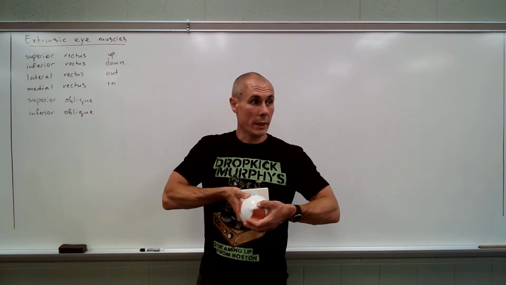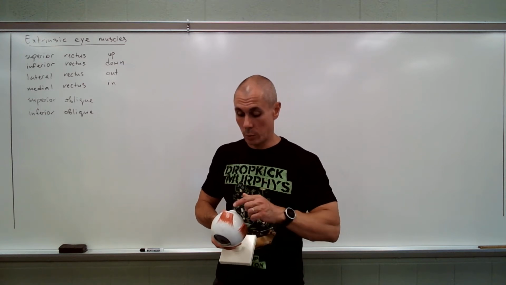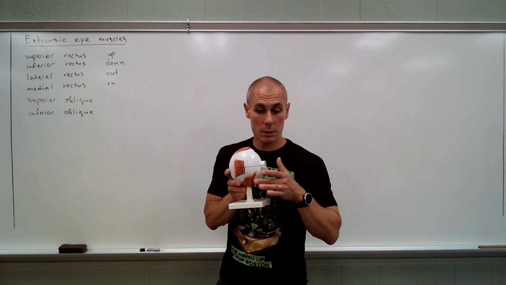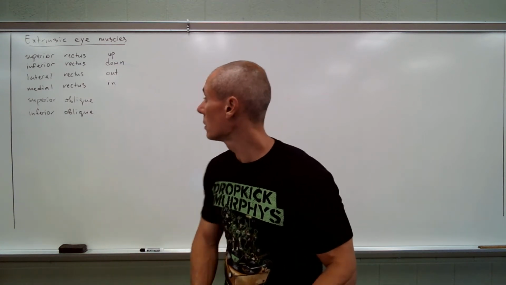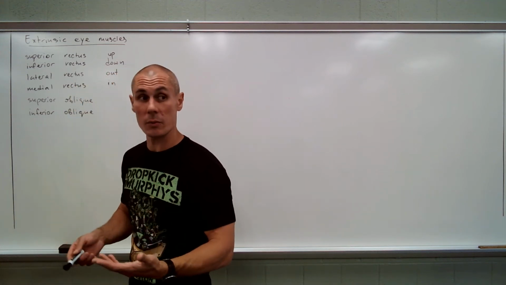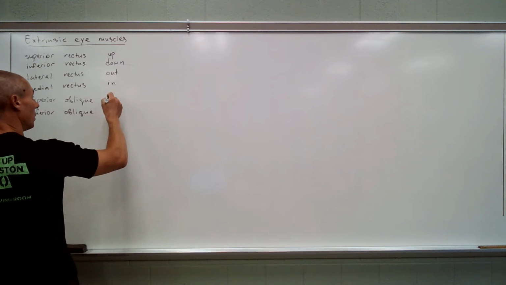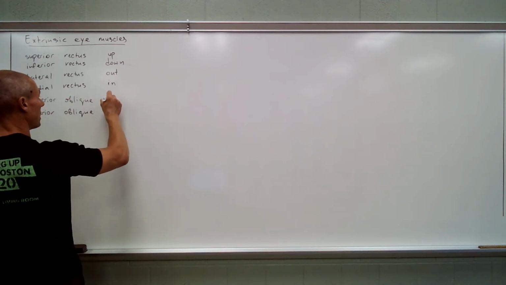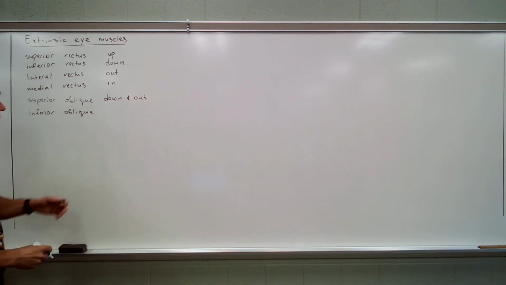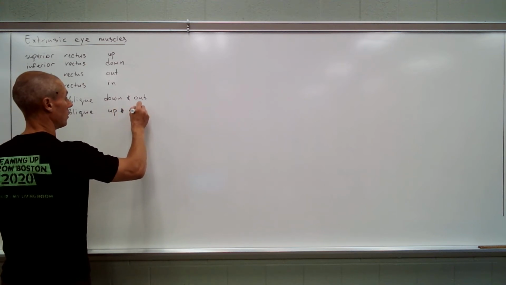So this white thing is the tendon of the superior oblique, and this muscle here at the bottom is the inferior oblique. So they work in a slightly different way. That's not really confusing, but something that you need to remember. So superior oblique, obviously, well, it's not obviously, it's actually down and out. And inferior oblique, actually up and out. Okay?